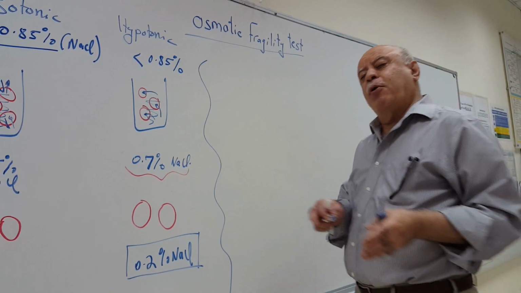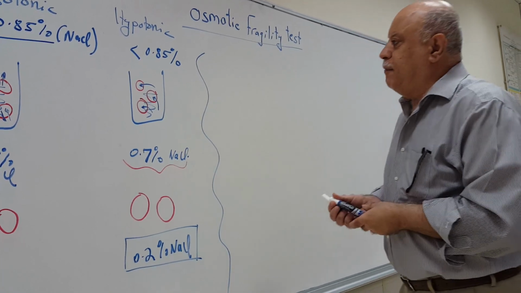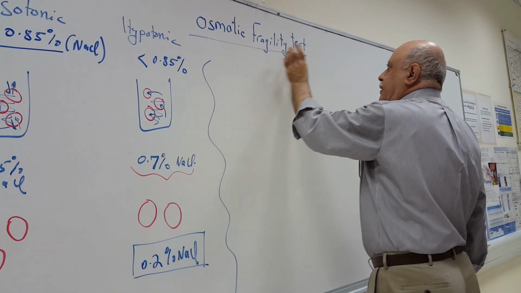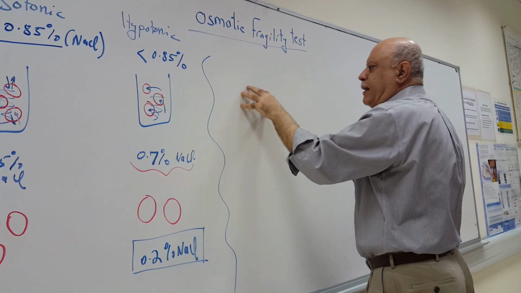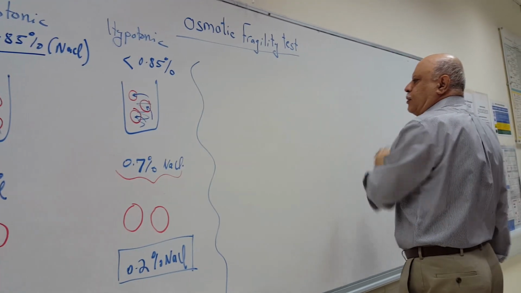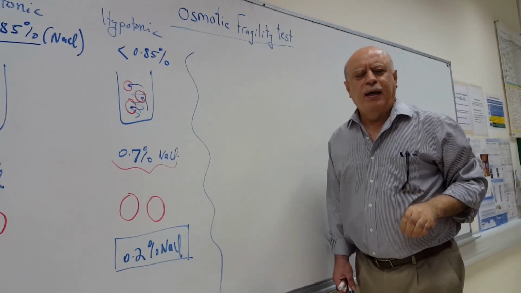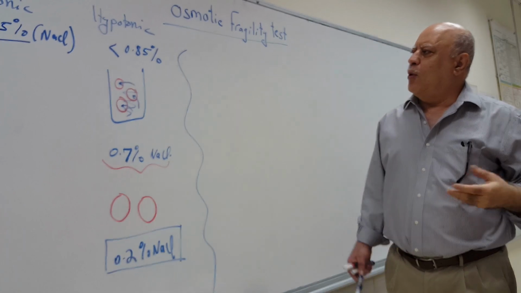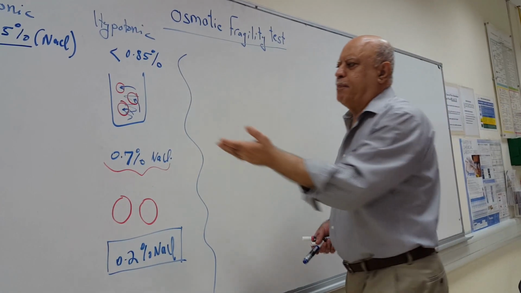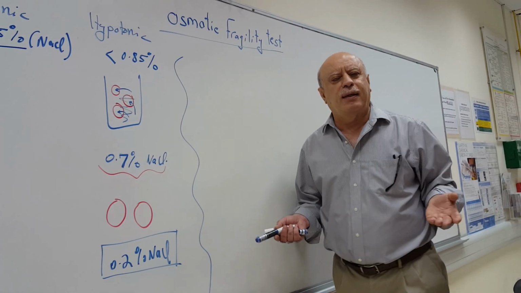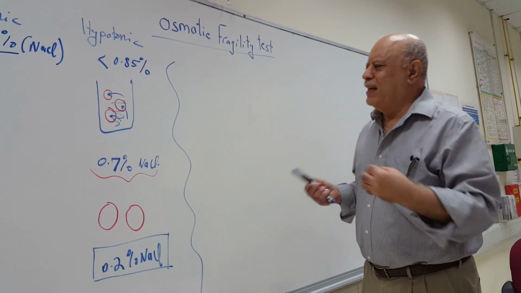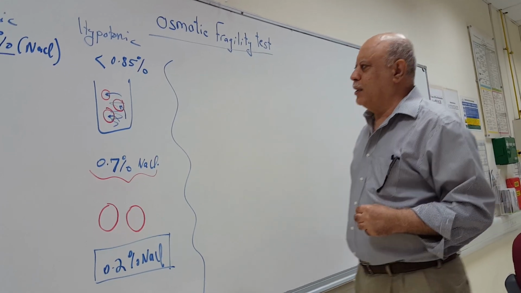Some people are more resistant. So believe it or not, in this test, which is called the osmotic fragility test, we're going to place red blood cells in a series of tubes of hypotonic solution, and we see how much of these RBC burst, or how much of these RBC stayed intact or resisted the hypotonic solution.